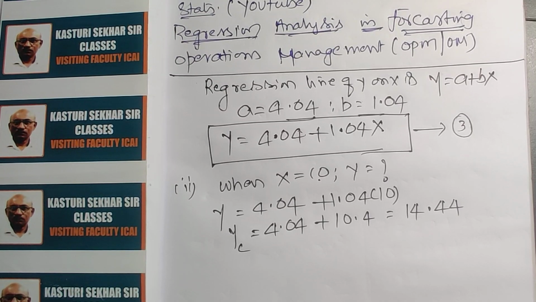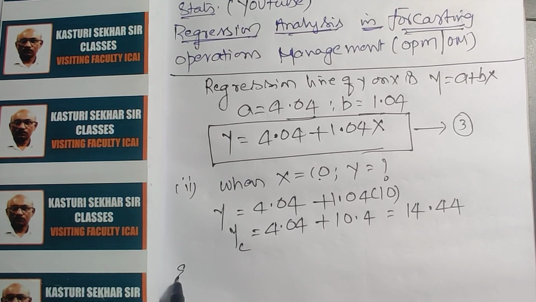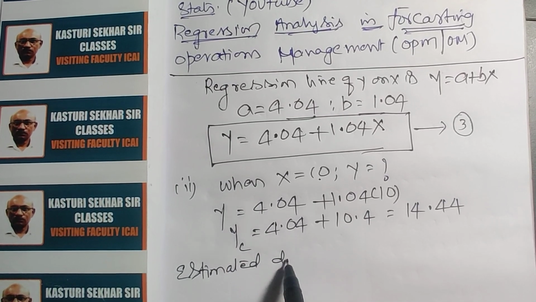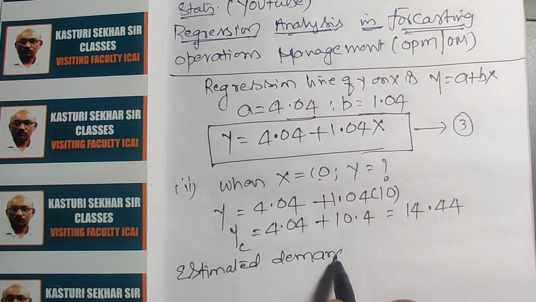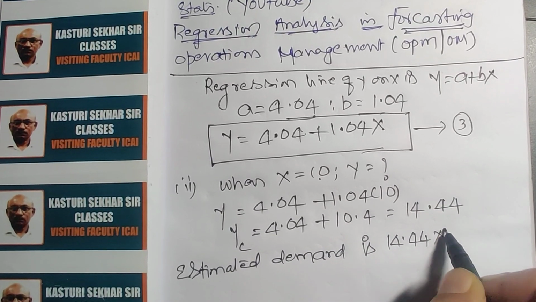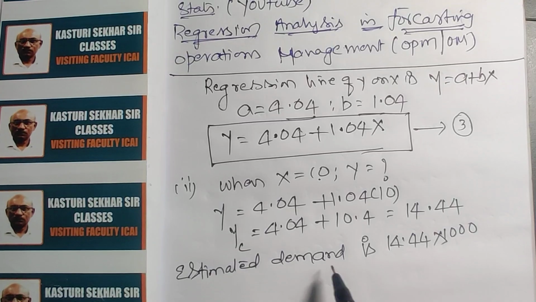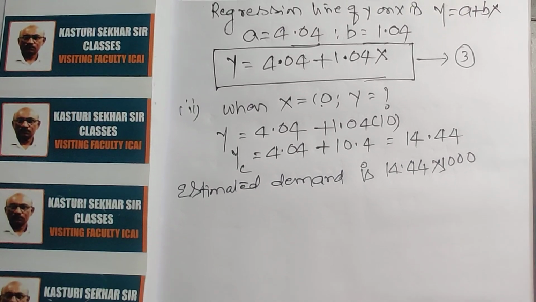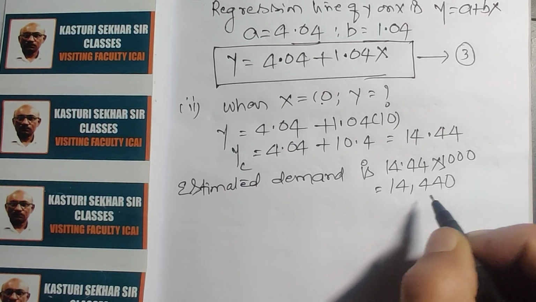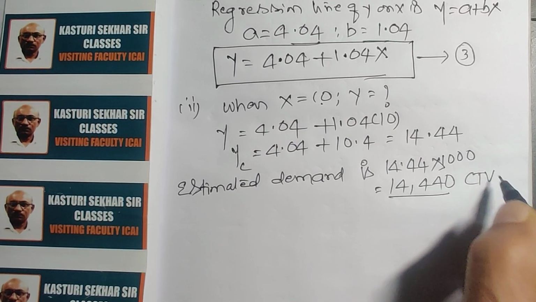This value of y will represent your estimated demand for color television sets. And y value is in thousands. So estimated demand is 14.44 into 1000 is equal to 14,440 color TV sets.